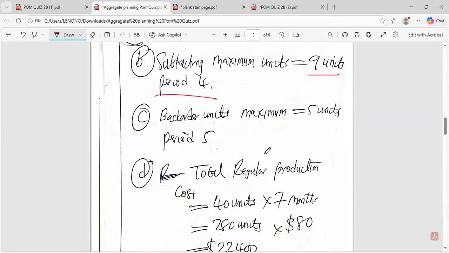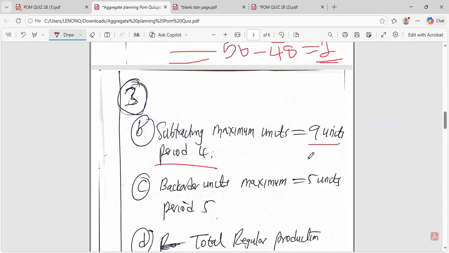So as we come here, the maximum unit subcontract is 9 units, period 4. And the back order units maximum is 5 units, period 5.